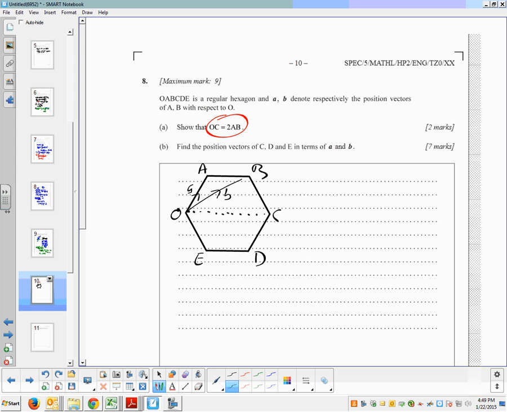Perhaps one way to do it is to show that AB is equal to B minus A, and that OC is equal to... No, it's difficult to do without just assuming it's true.